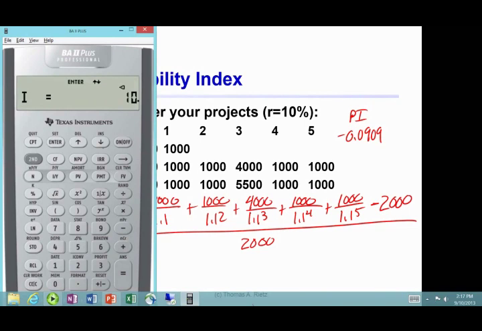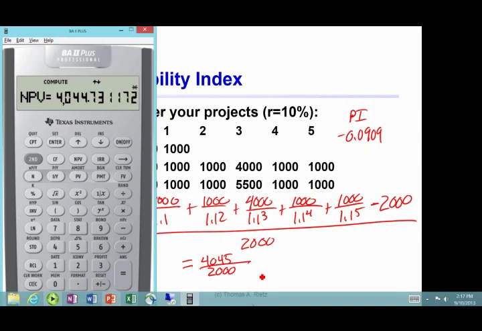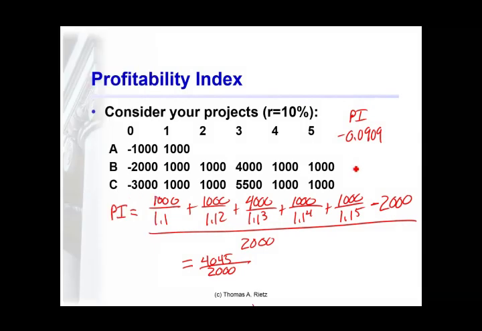Enter a 10% interest rate, down arrow, compute. The net present value is $40.45. Then we'll divide by the cost. So 0.02 is the profitability index of B.